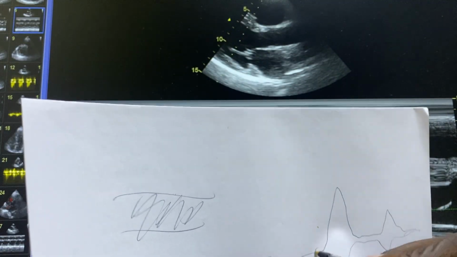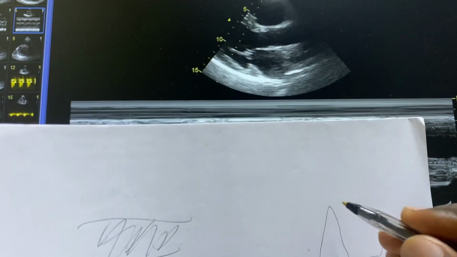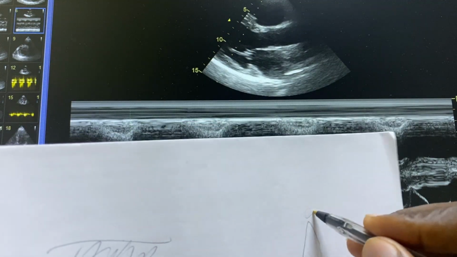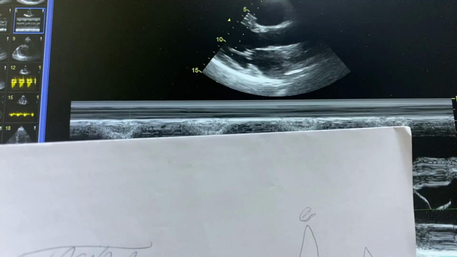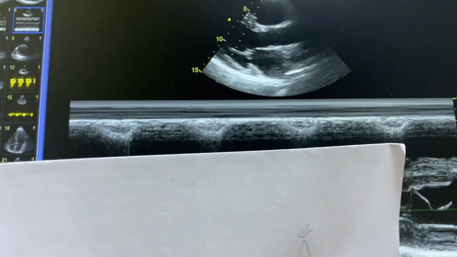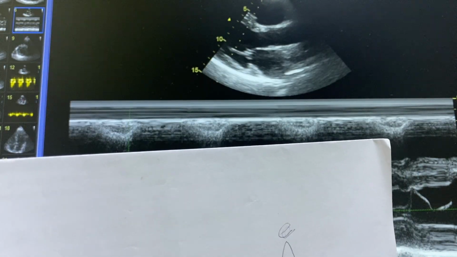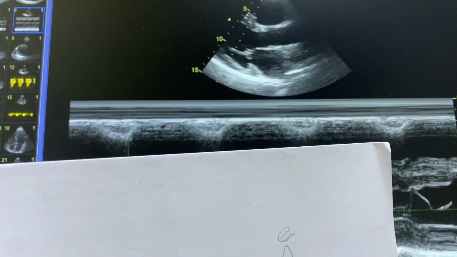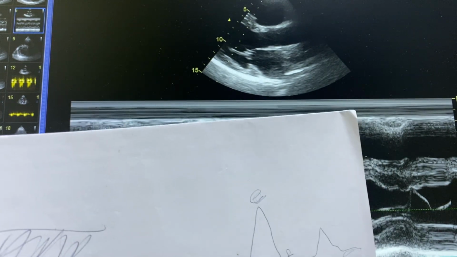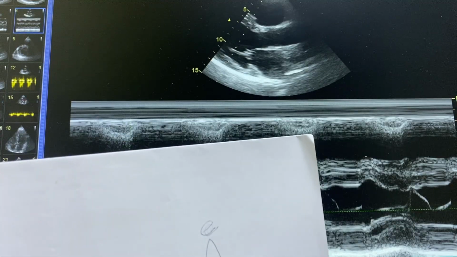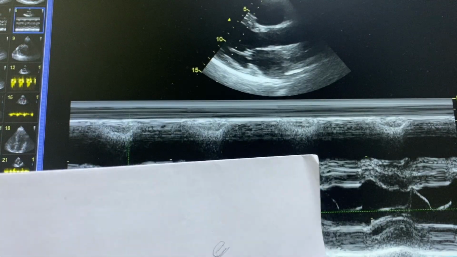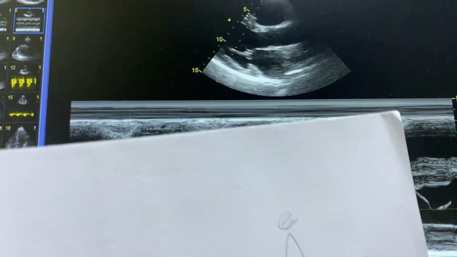So this is D, point E, F. This is rapid feeding, slow feeding. And then C. We can measure the EF slope.